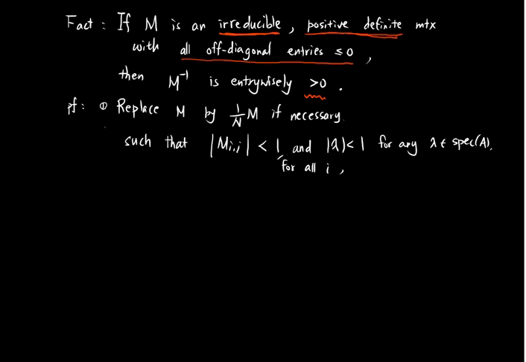So every diagonal entry is small, and also every eigenvalue is small. We just pick a super large N to make this happen. Now we have this condition, then we can do something more.